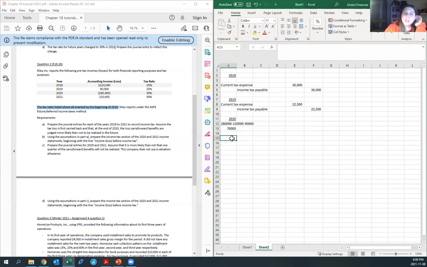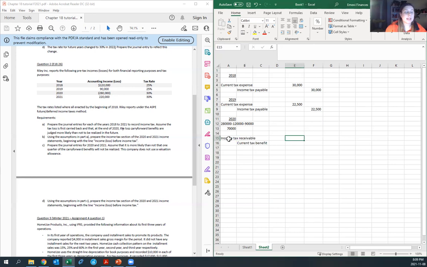So transaction for, since it's more likely than not that they're gonna have taxable income in the future. No, that doesn't matter for here right now. It's gonna be for the other transaction. Here, you're gonna want to set up an income tax receivable and a current tax benefit.